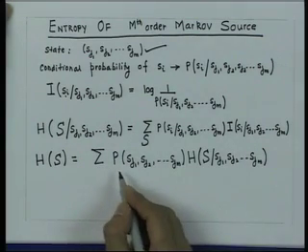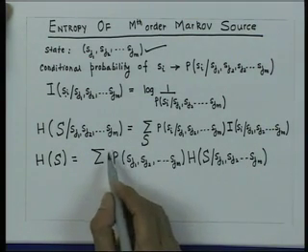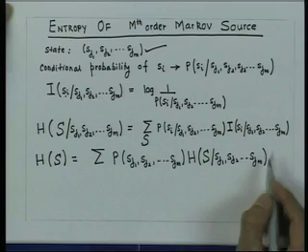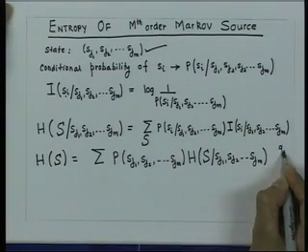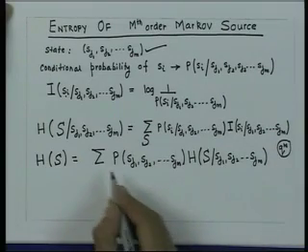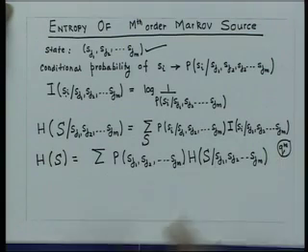This quantity is obviously averaged over all the states. The number of states which we can have is q raised to m. So, I should sum this quantity over all the q^m states.